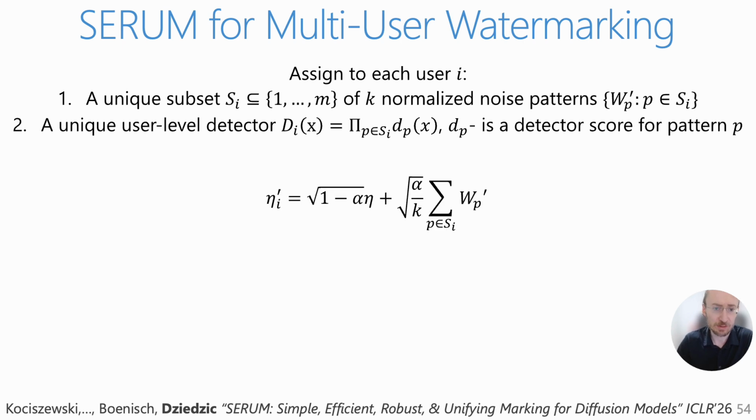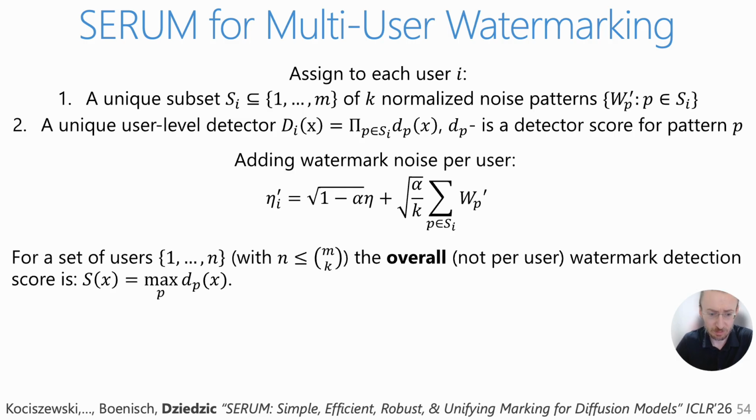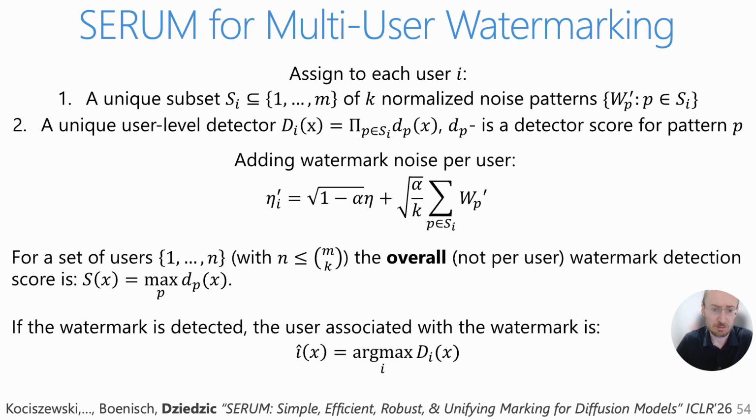The watermark injected for a user i is obtained by combining all of the patterns belonging to that user, as a product of the detectors per pattern. So the overall watermark score for a sample x is defined as the maximum score among the detectors for watermark patterns. The user associated with the given watermark is simply the user whose detector returns the highest score.